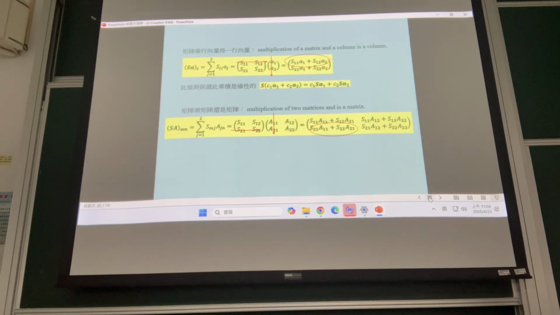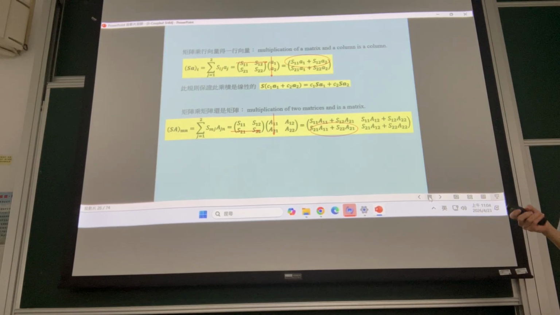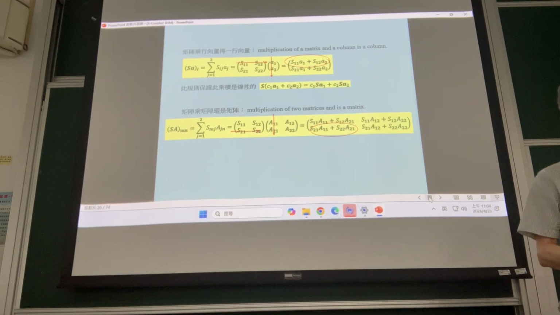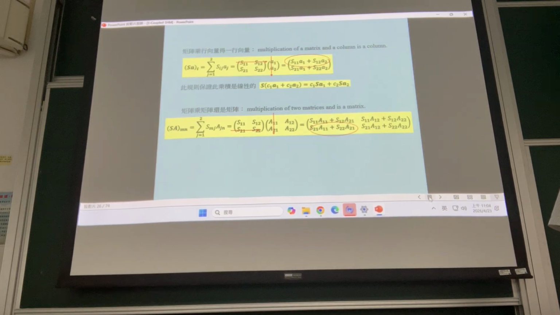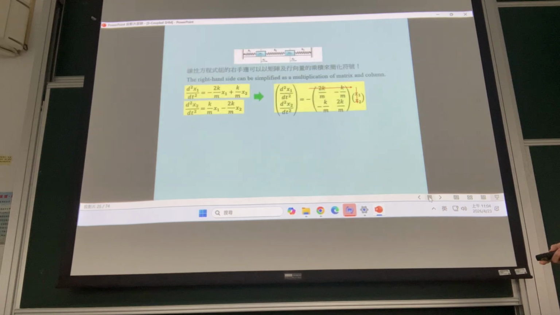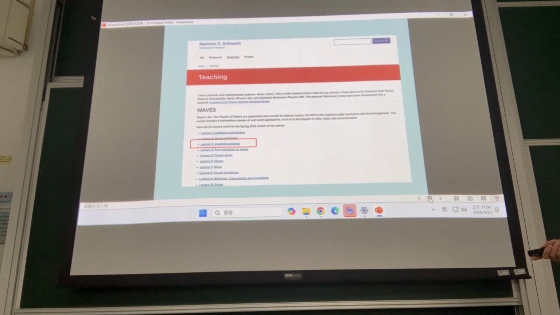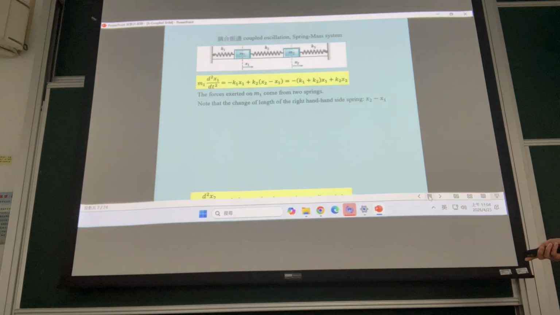Things like that, please review it at home, either by reading this transparency or by reading the chapter in Apostol.